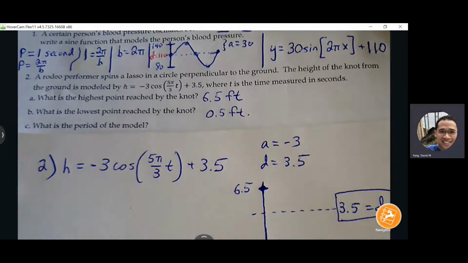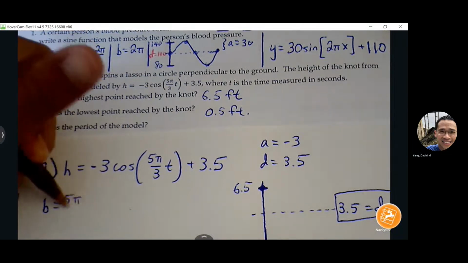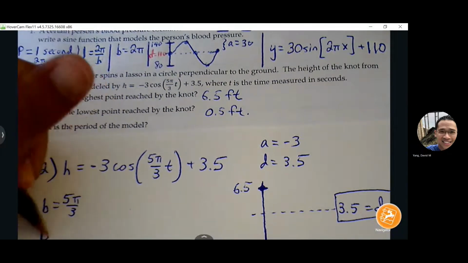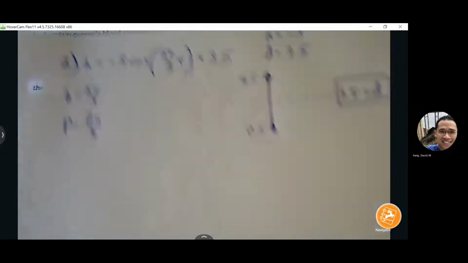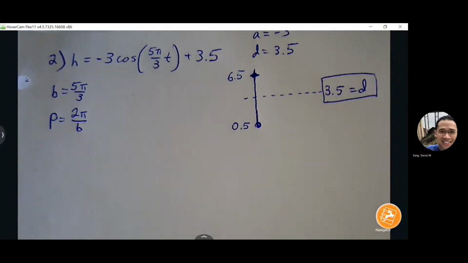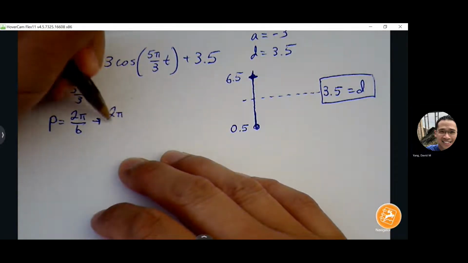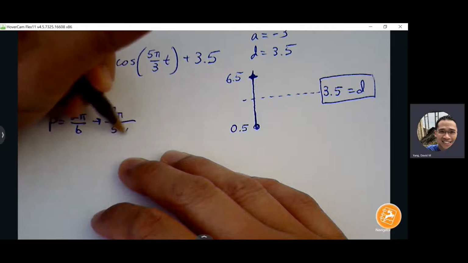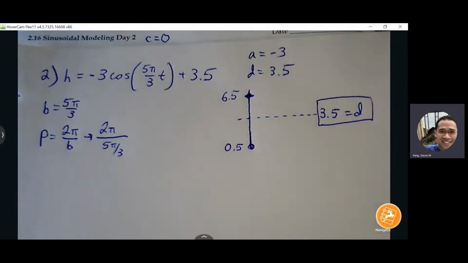What is the period of the model? Well, we have our b value, and we can just use our b value to find our period, right? There's points if we don't do the graph.